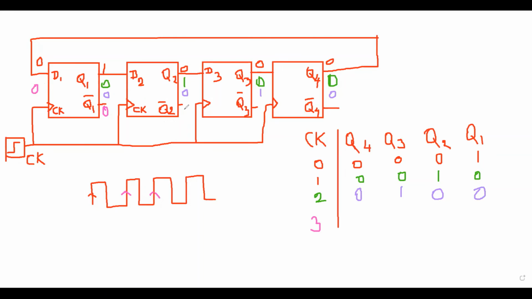So we can get 0 here. Then here also we can get 0 because this is the input for the third flip-flop. Then this 1 will come to the fourth flip-flop output. Now you can see the Q4 value is 1. Others are having 0 value.